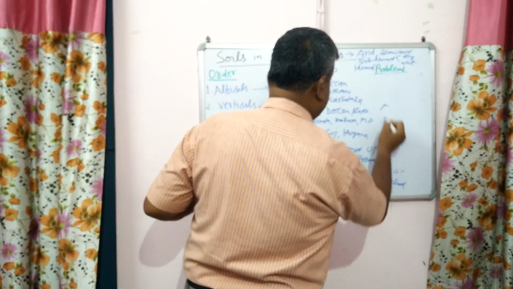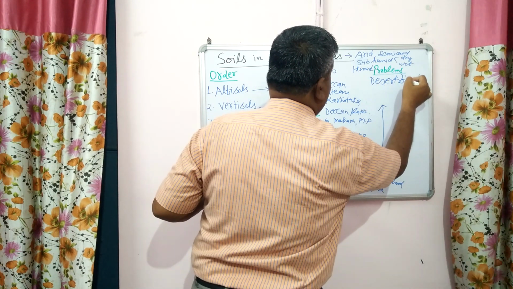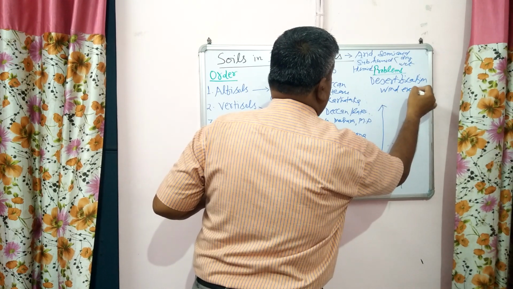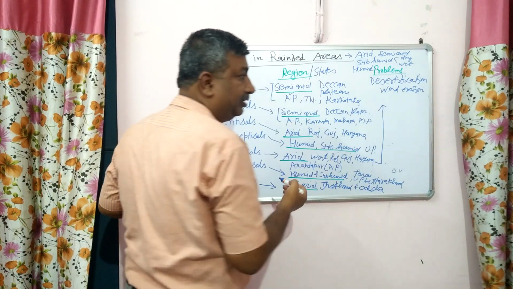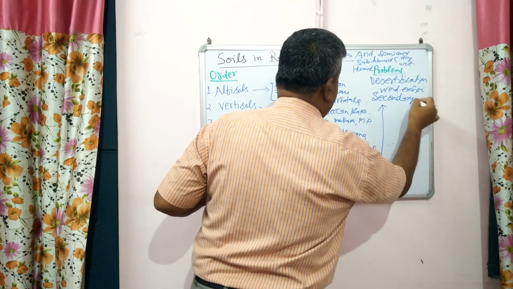In this desertification, deserts are there, wind erosion is there, and soils are sandy, and there is secondary salinization. This is the important problem.